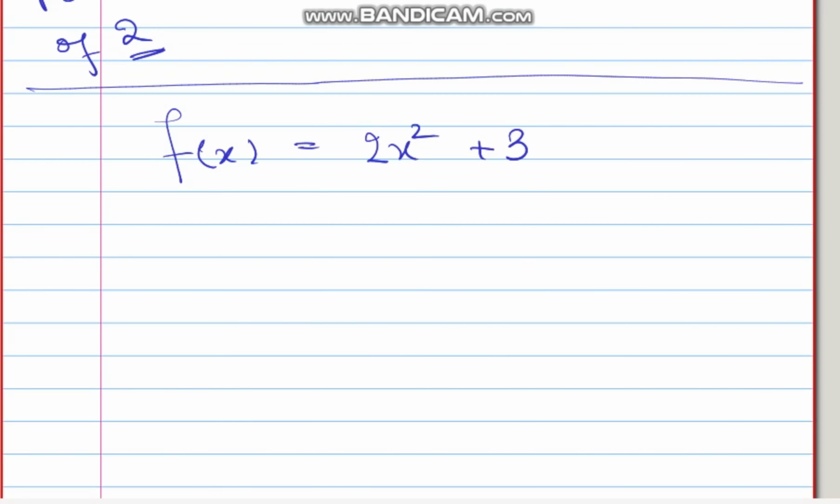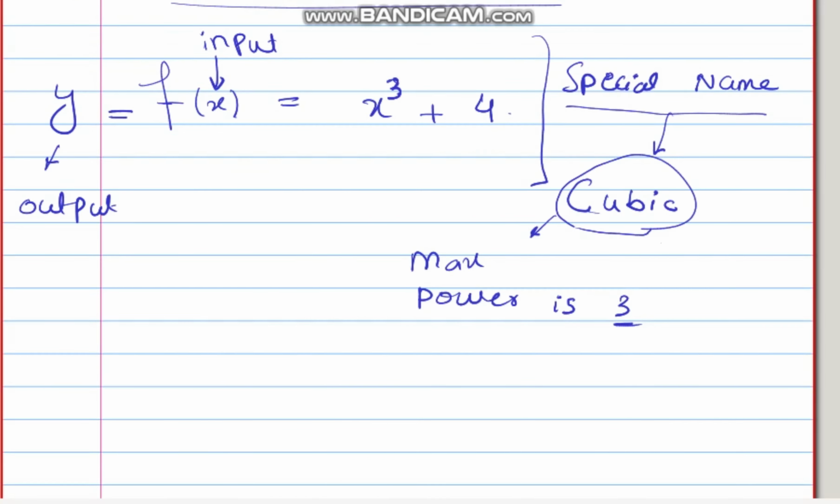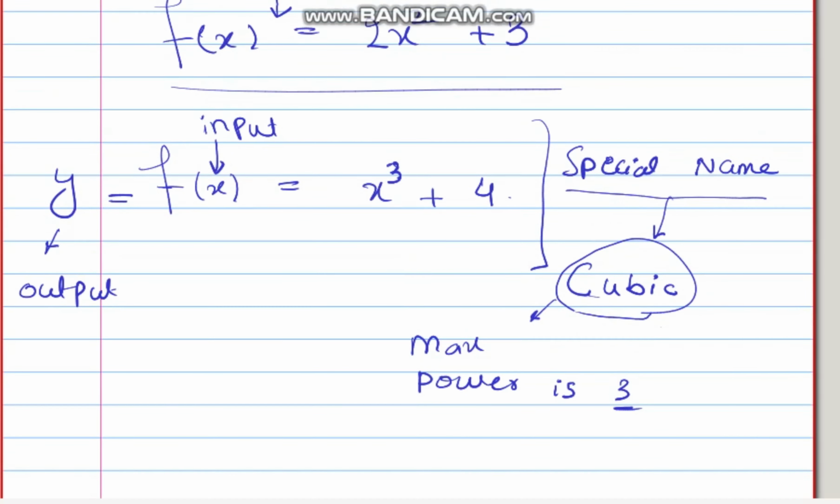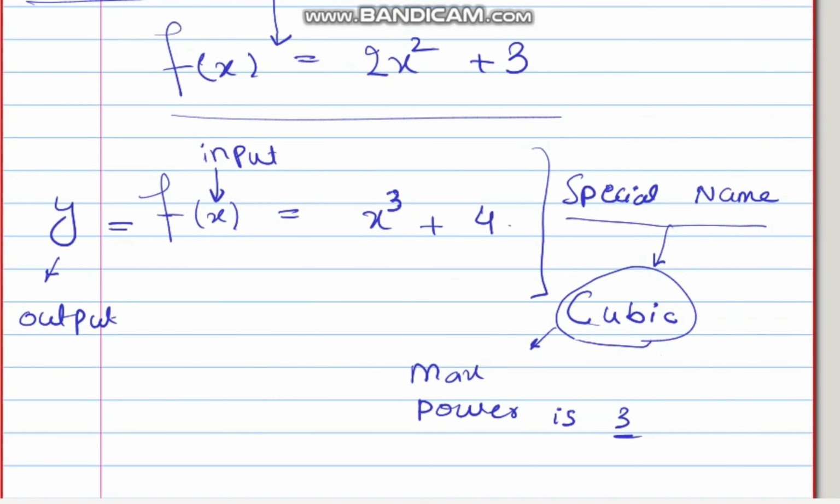Very good. Let me start the recording, and then we'll end the class. Let me tell you this in discussion at the end. If you have the function f of x is equal to x cube plus 4, for example, assume this function, and here the maximum power is 3.